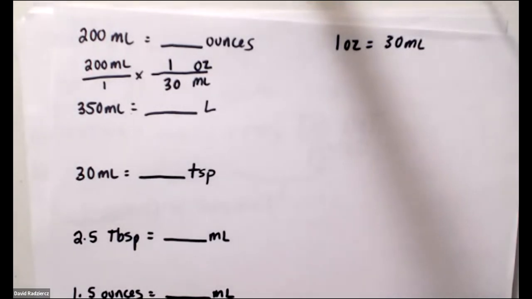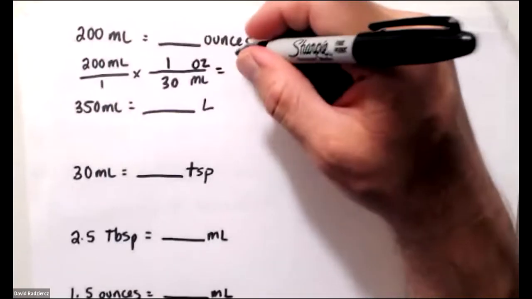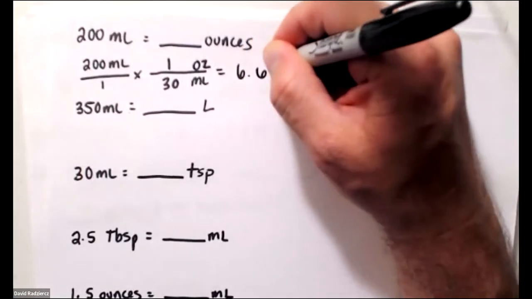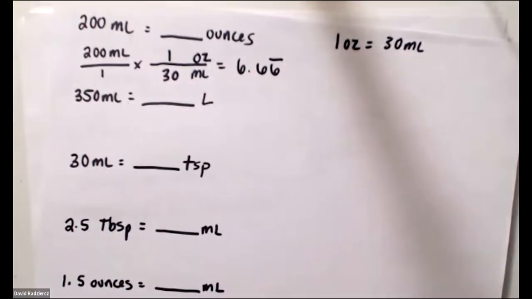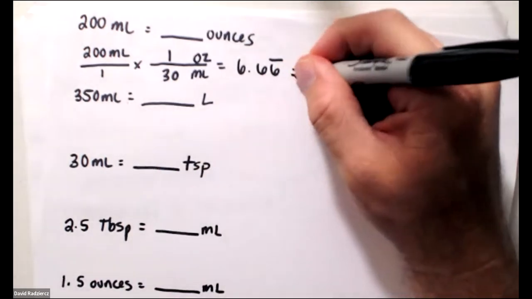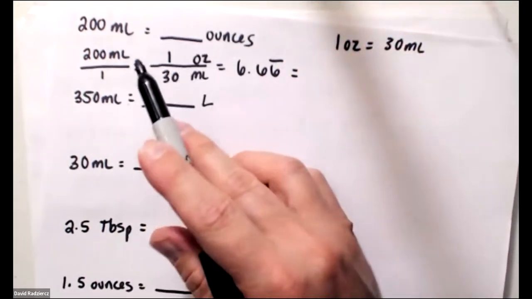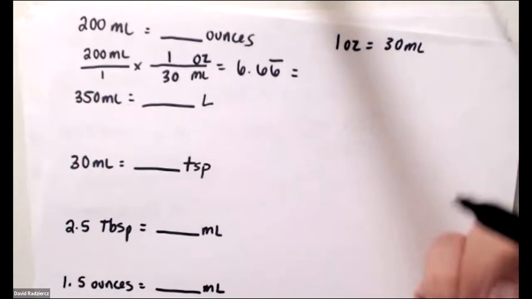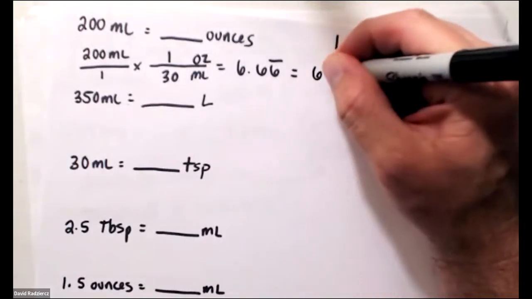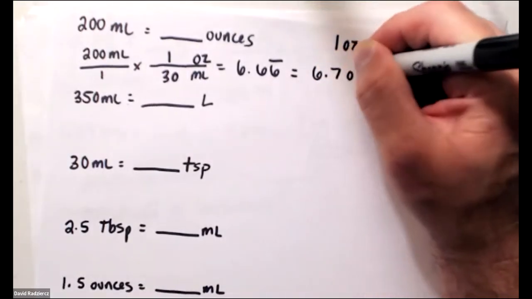Okay. So I'm going to take 200 divided by 30. And that's going to give me 6.66, and that's repeating. So I'm going to round my answer because I'm going from metric to household. That's why it's okay to round to 6.7 ounces.